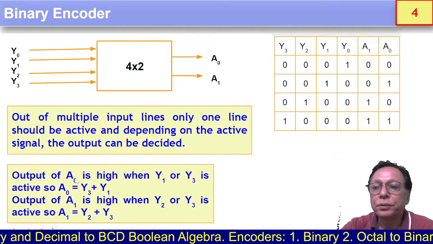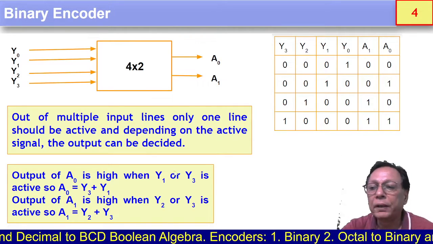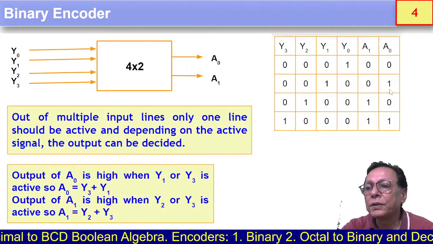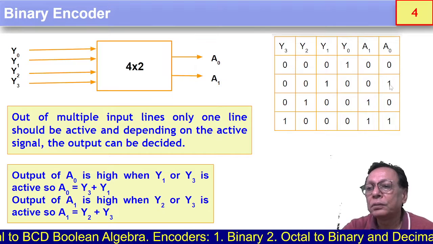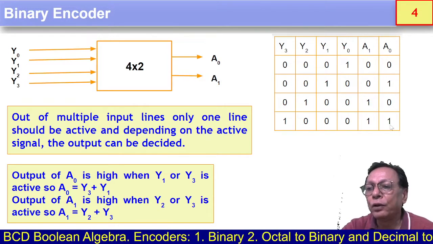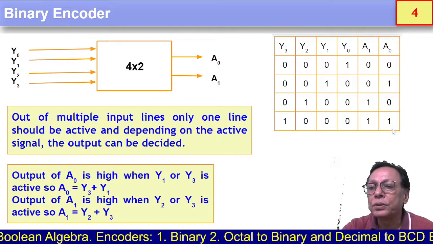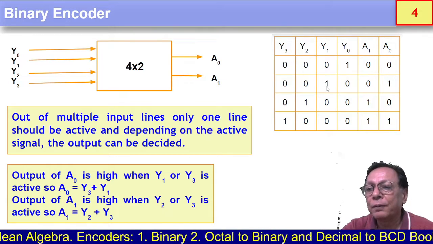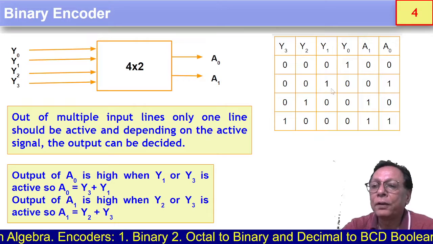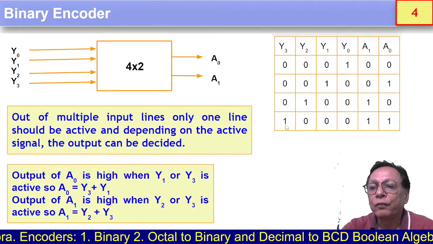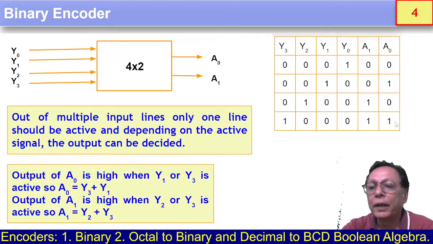So the output a0 will be y1. Why y1? Because for the high output of a0, the input will be y1, and when y1 is active, the output will be a0. And again, when y3 is active, the output will be a0.